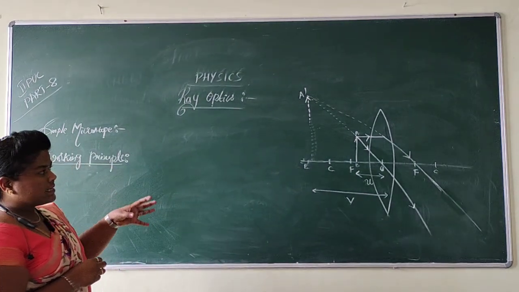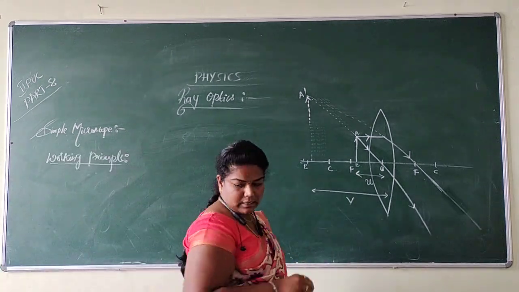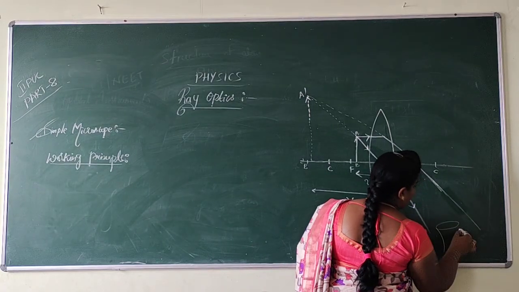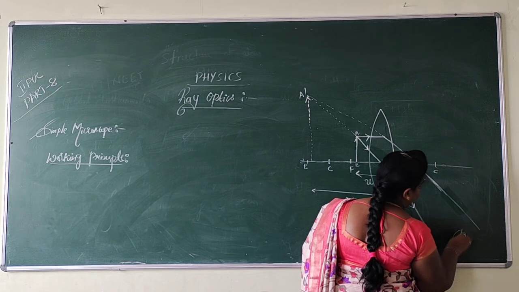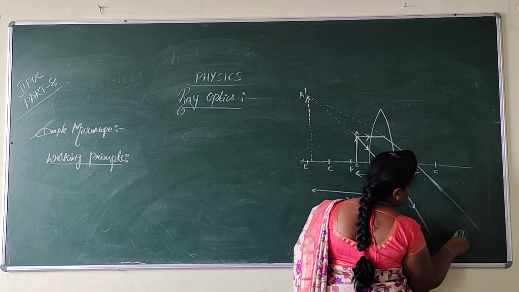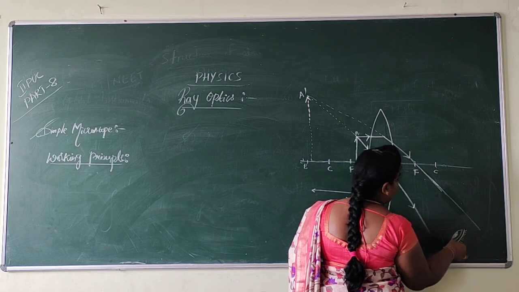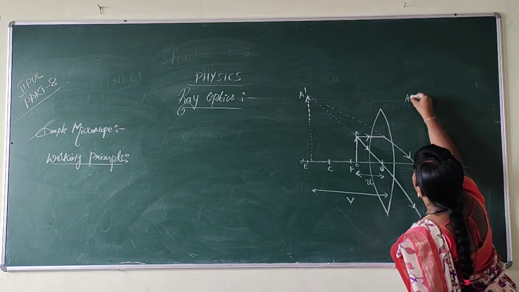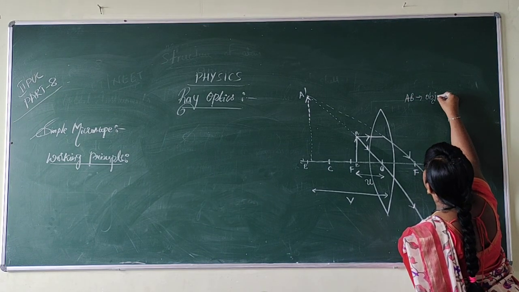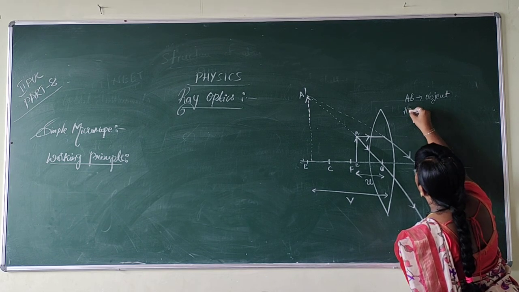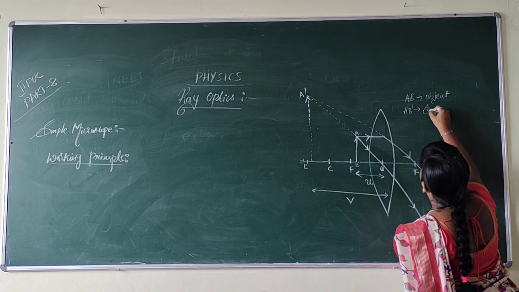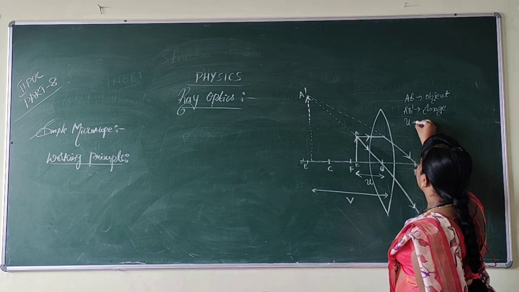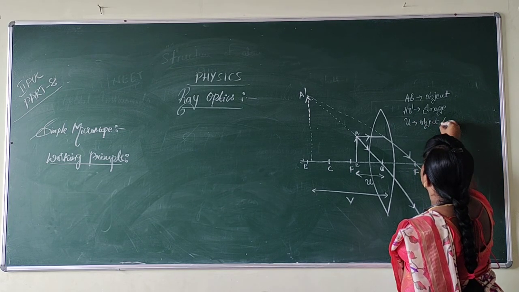Okay students, now let us name all the terms in this diagram. What is AB? AB is the object. A dash B dash is called the image. What is U? It is the object distance.